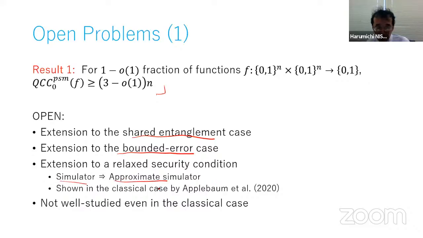In fact, the classical case considered the approximate simulator and obtained some results. So a natural question is to extend our result to this approximate simulator. And also, there are very few results even in the classical case. So any lower bound for the classical case would be a very good result.